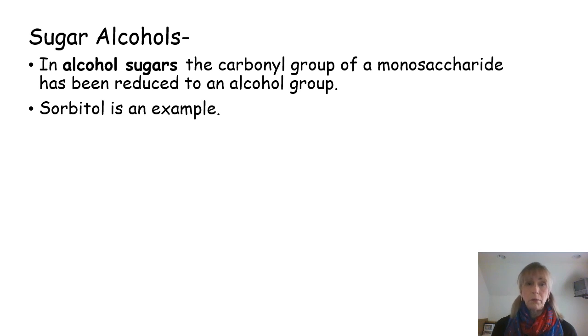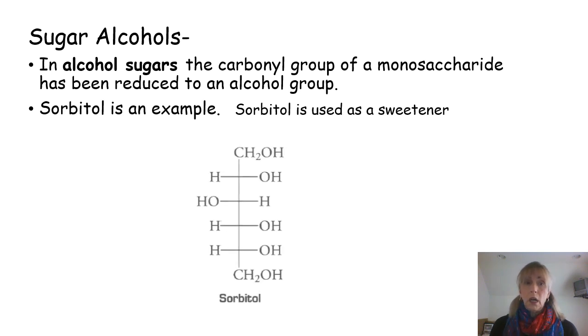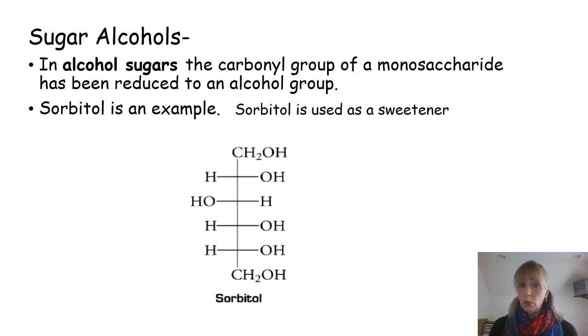You've all heard about sorbitol, right? Sorbitol is used as a sweetener. So here's our sorbitol. Okay. And we look at it, it's polyhydroxy, right? But there's no carbonyl. So the carbonyl has been converted to an alcohol.